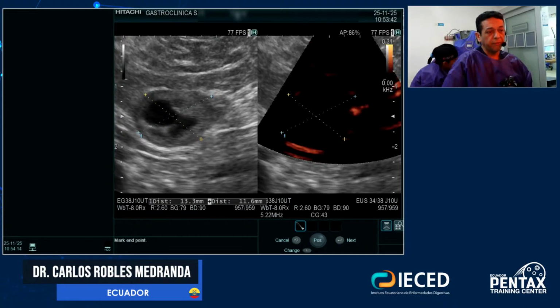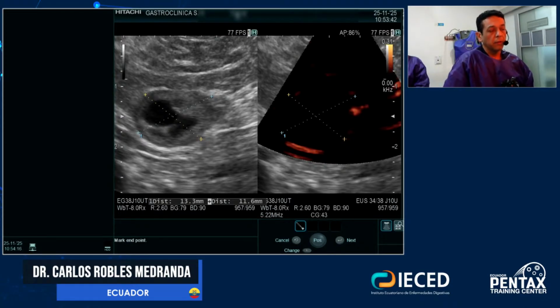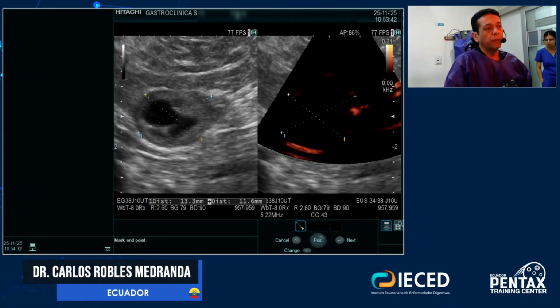So this patient is a 57-year-old male with a history of some bowel disease many years ago. He smoked a lot during his life, and nowadays he has been losing weight.